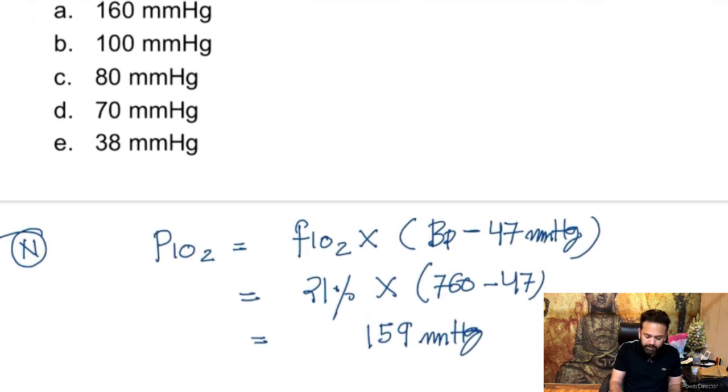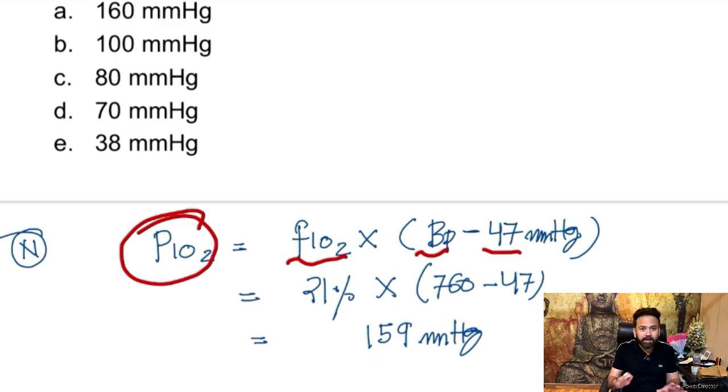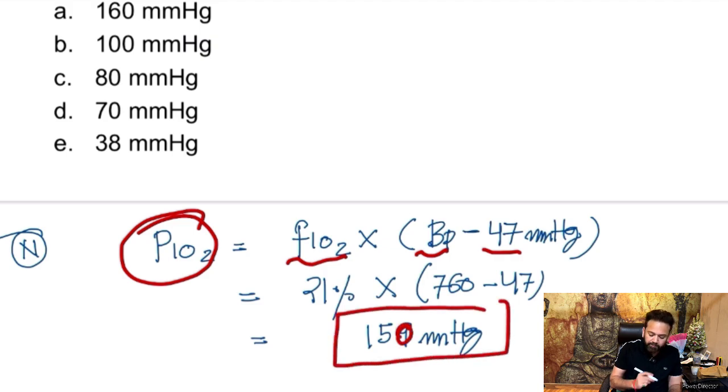Normally FiO2 is 21%, barometric is 760, and 47 is water vapor. Normally at plane level with oxygen at 21%, PiO2 comes around 150 mm of Hg: 21% into 760 minus 47.